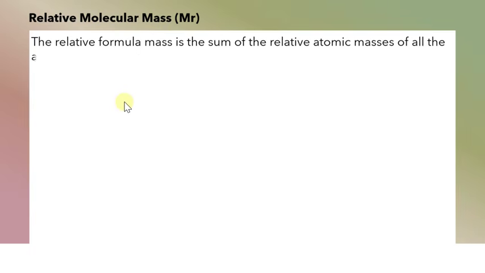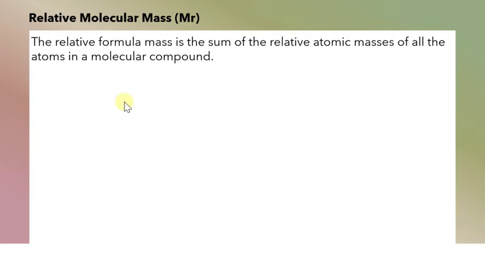Next, we move on to look at relative molecular mass, which is Mr, the same symbol. So relative molecular mass, what is it? Relative molecular mass is the sum of the relative atomic masses of all the atoms in a molecular compound or covalent compound.